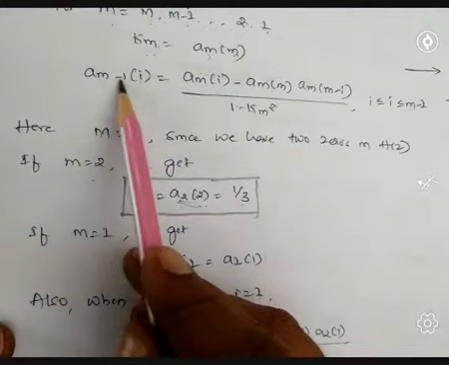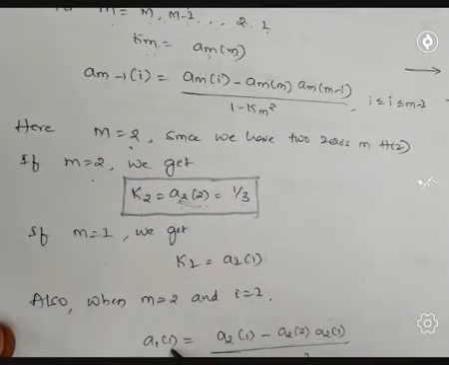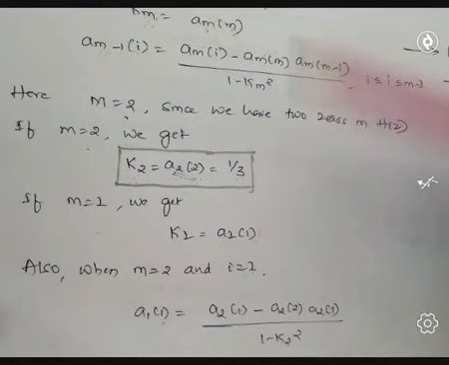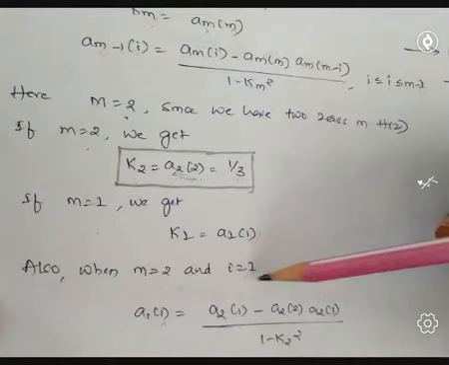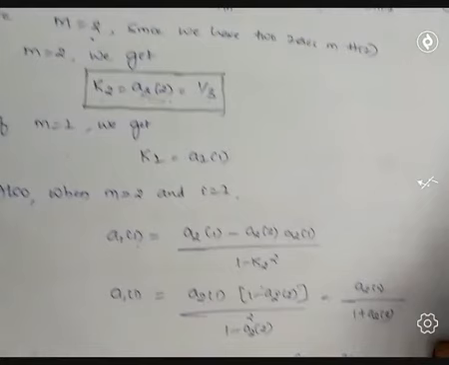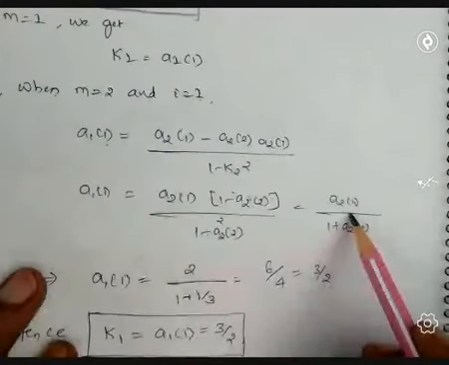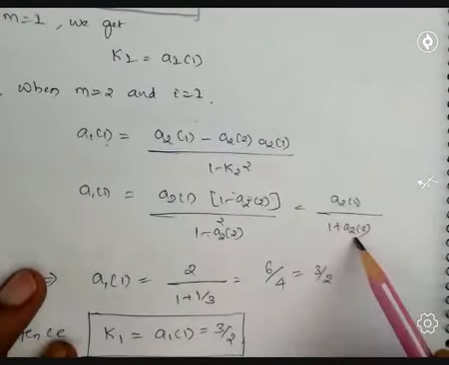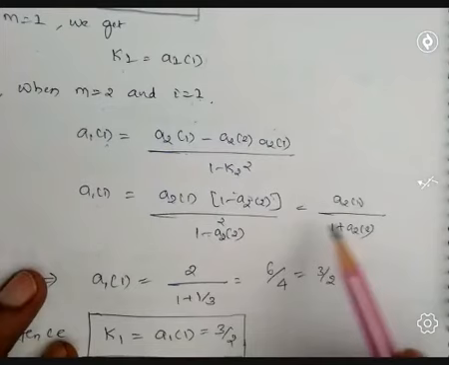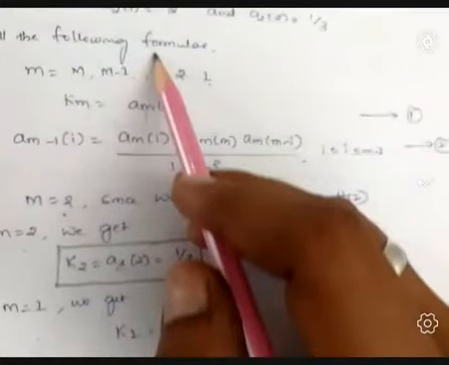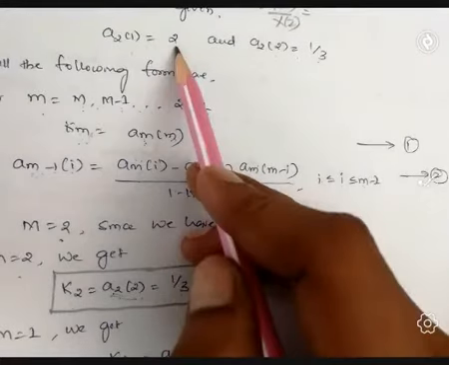A1 of 1 equal to, then m is 2, A2 of 1. Already we have formulated, directly I am going to write, no need of further simplification. A1 of 1 equal to A2 of 1 divided by 1 plus A2 of 2. A2 of 1 we got from the given data, that is 2.